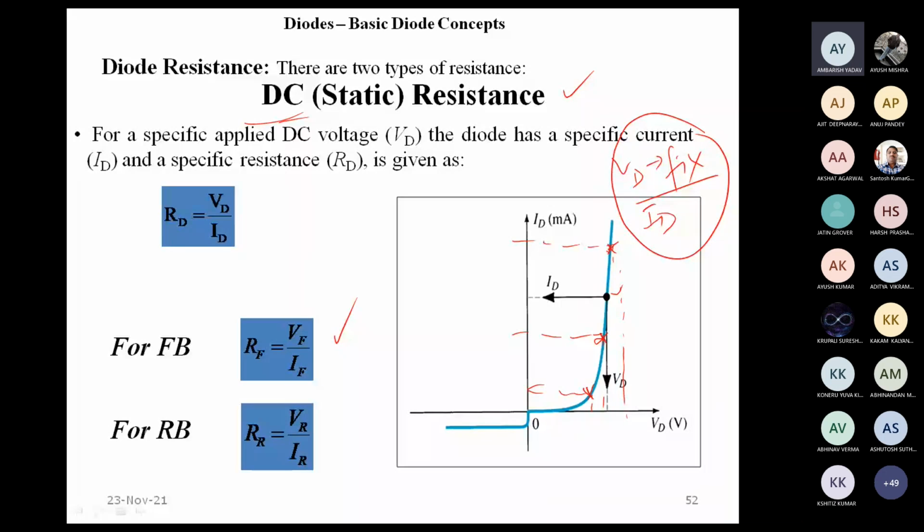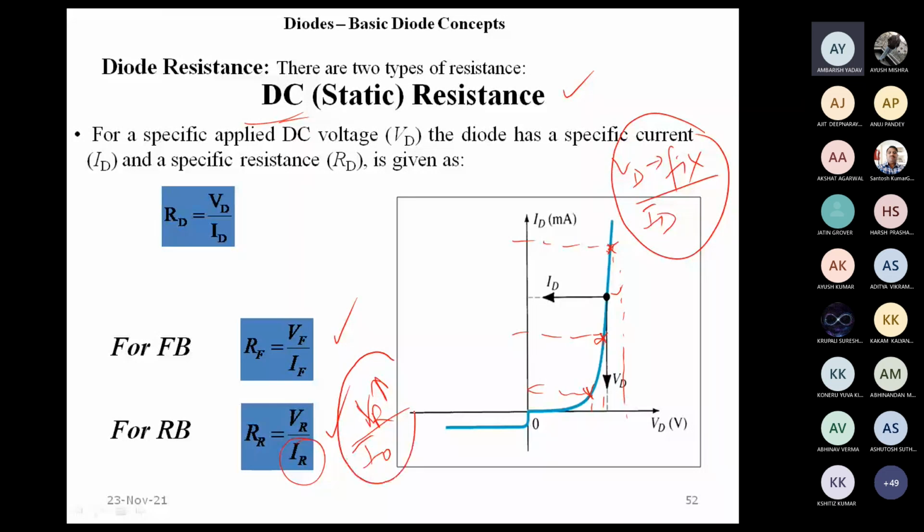Similarly, we can also define the value for the reverse bias condition by taking the ratio of the reverse bias voltage to the reverse bias current. The reverse bias voltage may be increased, but we have seen that the reverse bias current mostly doesn't increase.